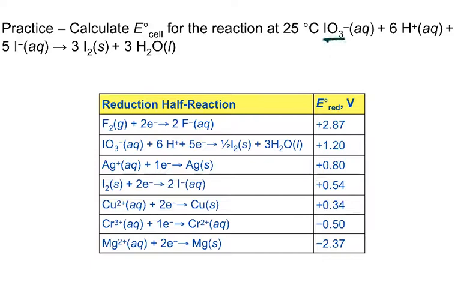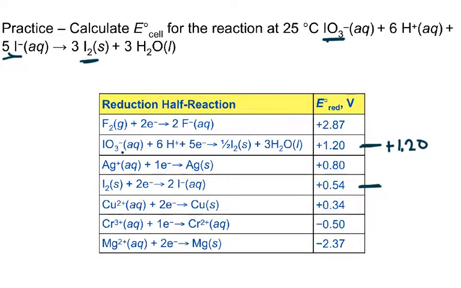So we are looking for IO3 minus and I minus, both of which are going to get us some I2. So we have this one and this one. Our IO3 minus is a reactant just like this, so we're going to use our positive 1.20, but our iodine going to iodide is going to reverse it.